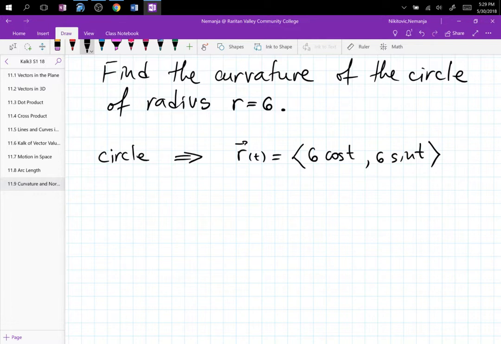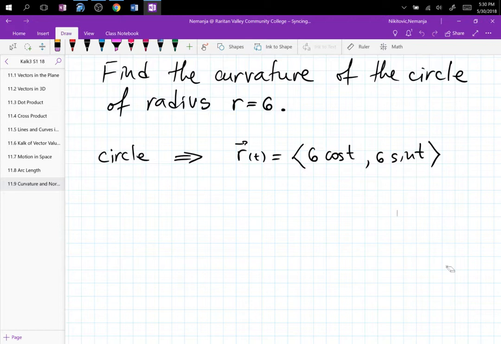Now, this can be switched. You can use sine first and cosine second, and all it does is change the direction of motion along the circle. If you have cosine first, it's counterclockwise, and if you have sine first, it's going to be clockwise. That's the only thing that is changed. It's going to be the same circle. It depends only on which one you push first.